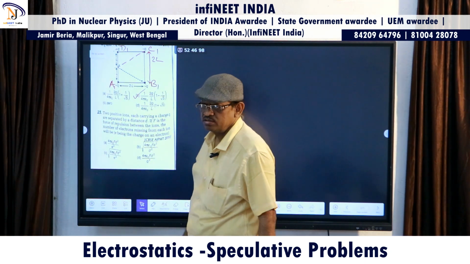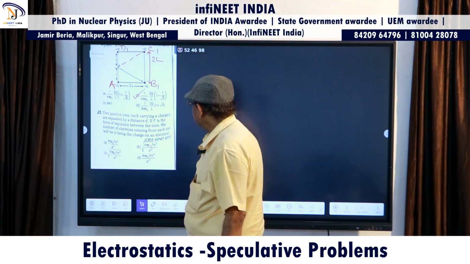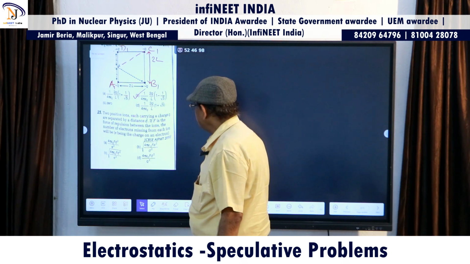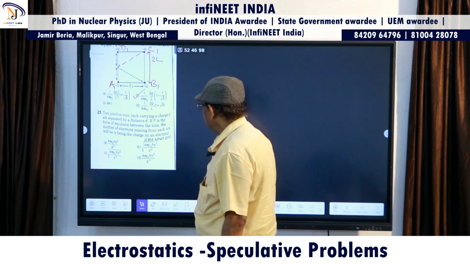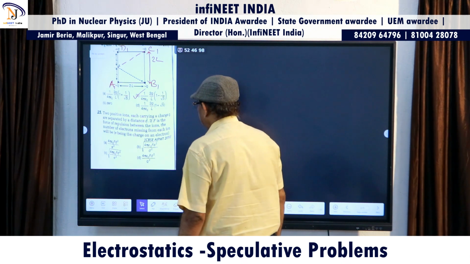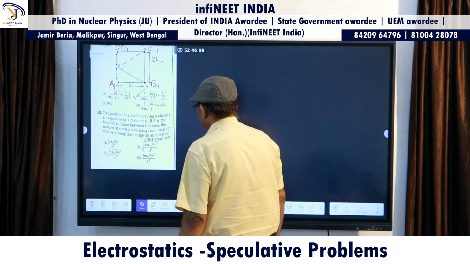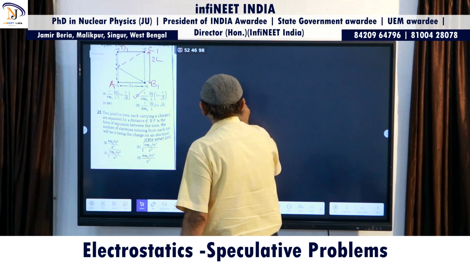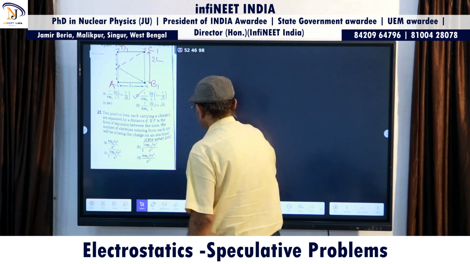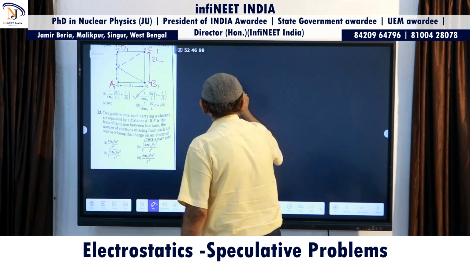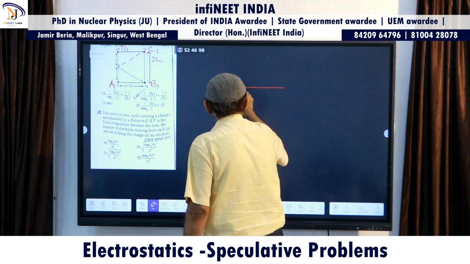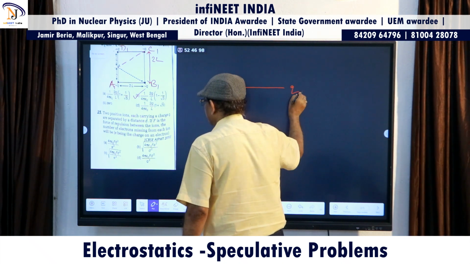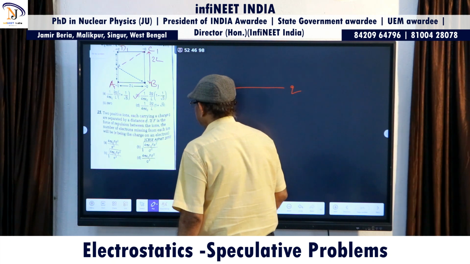Two positive ions, each carrying charge q, are separated by a distance d. If F is the force of repulsion between the ions, the number of electrons missing from each ion will be. What is it? 2 point charges, same, are separated by a distance.